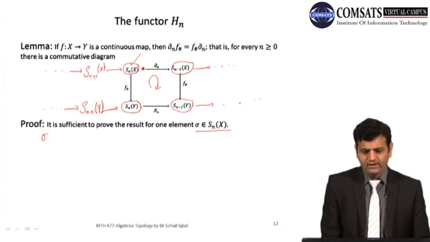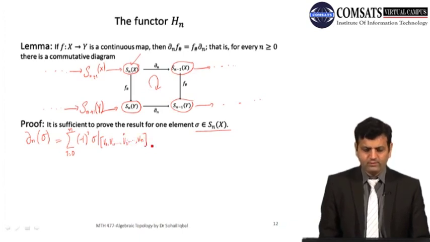When I calculate the boundary of this, it is equal to the sum from i equals 0 to n of minus 1 raised to power i, times sigma restricted to v0, v1, up to vi hat, up to vn, because this is a singular n simplex. That's how we calculate the boundary of this singular n simplex.